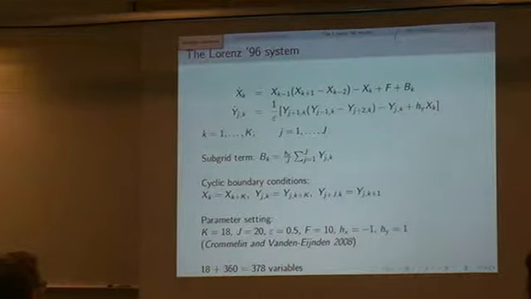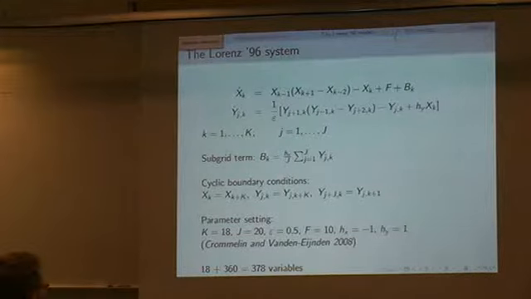Each x variable is associated with a collection of fast y variables. Size of the system is a parameter. The variables are on a circle, so they mimic somehow meridional averages of the atmosphere. So it's a toy model of the atmosphere, and each x variable represents a certain segment in longitude. And that's averaged over latitude.